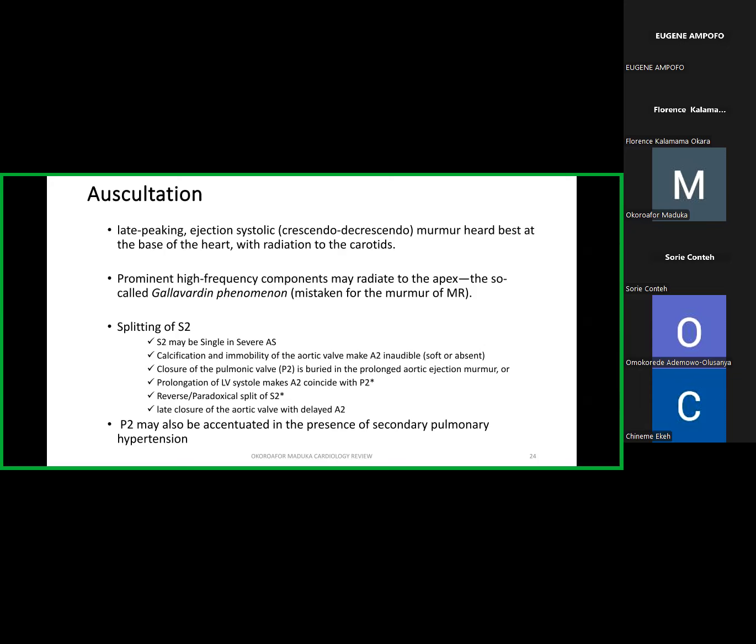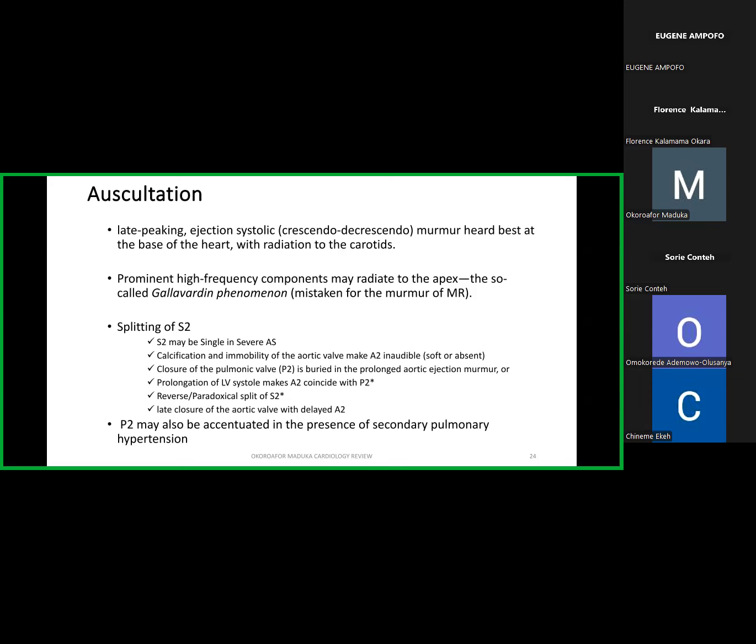They could also have splitting of S2. We recall that they usually have a prolonged systolic ejection phase, and this could cause the closure of the aortic valve to be delayed, and then coincide with the P2 sound, or even come after the P2 sound.